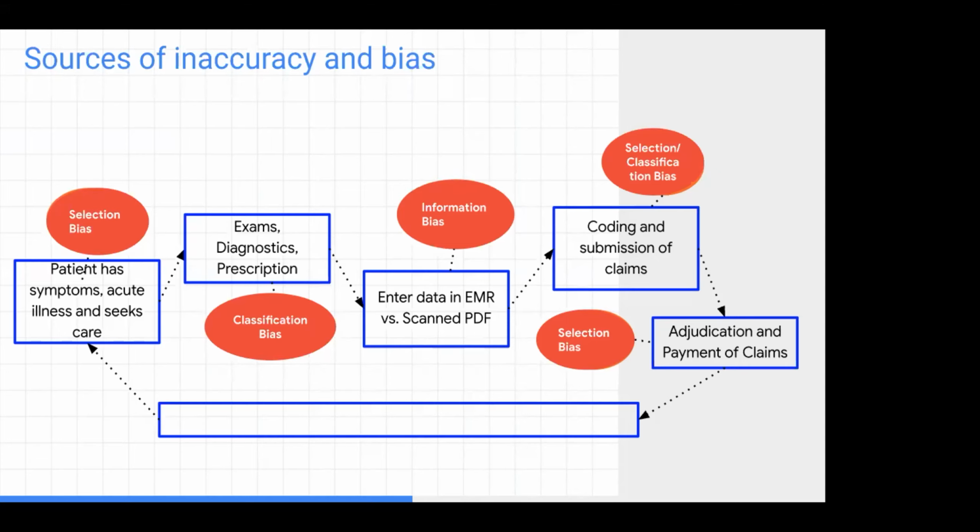But it is possible that the patient is coming to the hospital because this patient has insurance, has money. It is possible that you are missing the patients who are ill but who may not have the money to come to the hospital. That's a problem if you want to create models for everyone. The second one is, let's say now they come to the hospital and there is a diagnostic, there is a prescription, there is an exam.